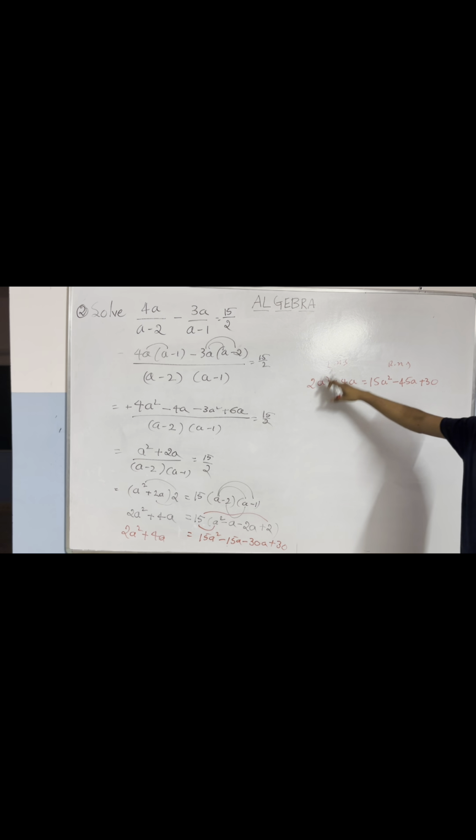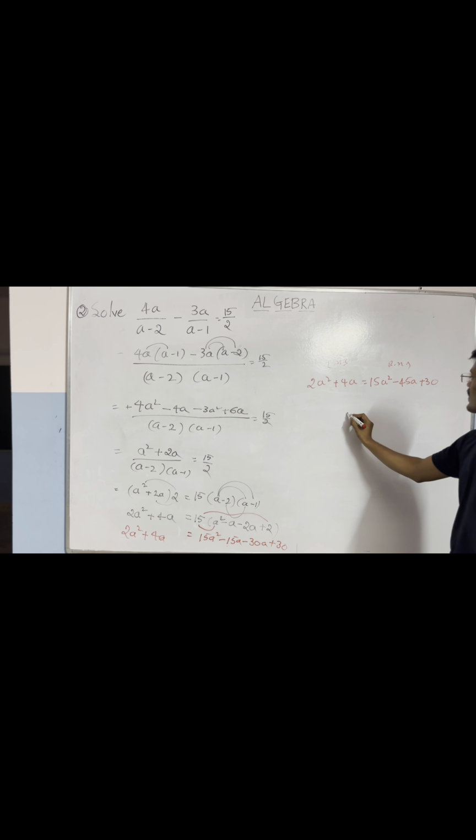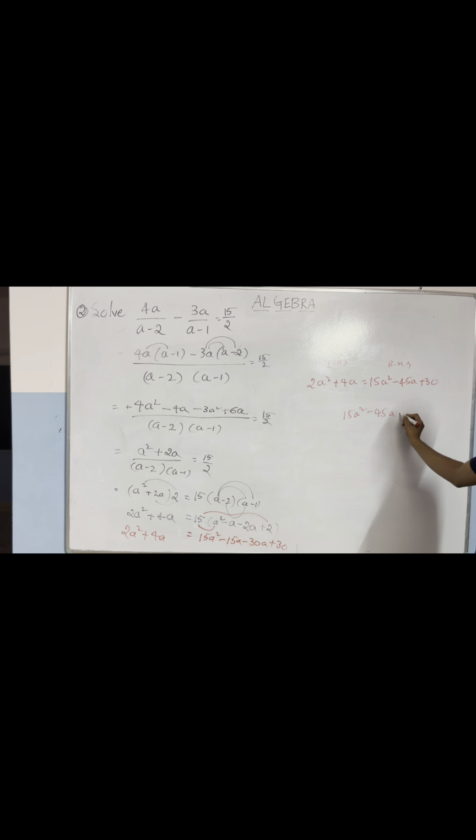Now shift the left hand side to the right hand side: 15a square minus 45a plus 30 minus 2a square minus 4a equal to 0.